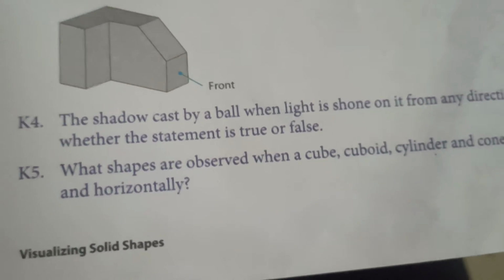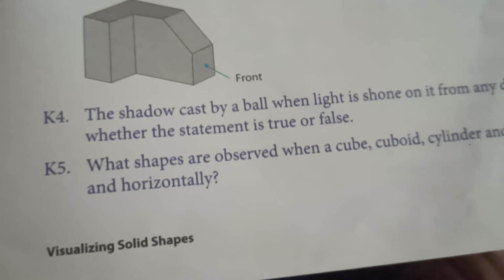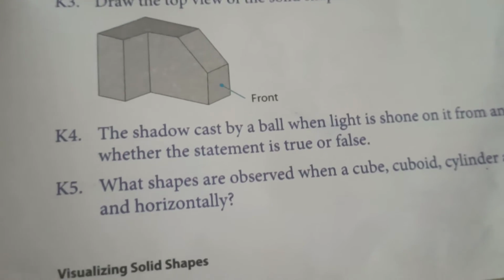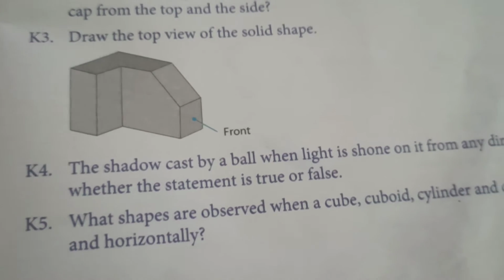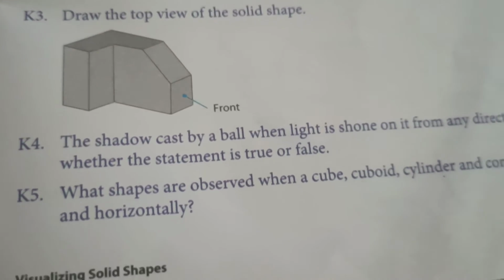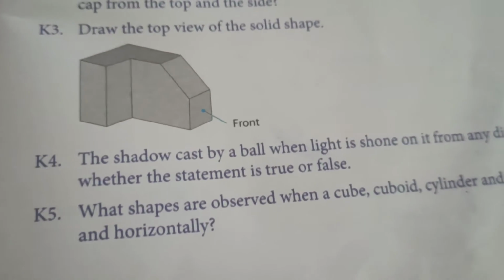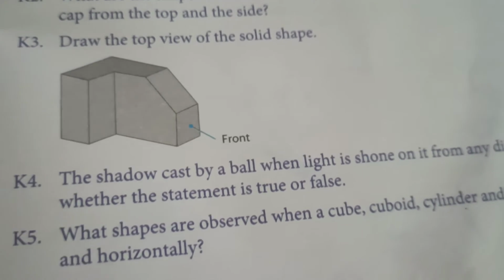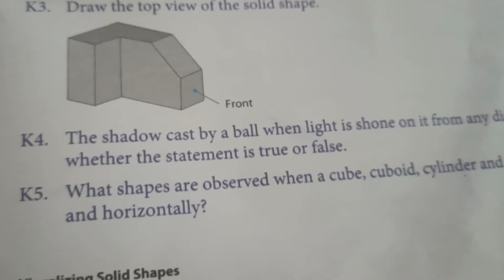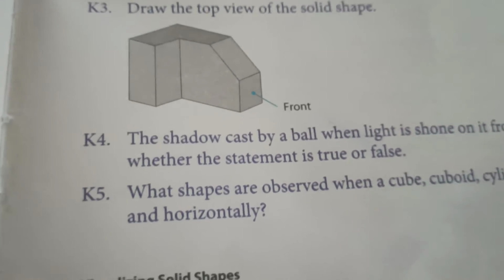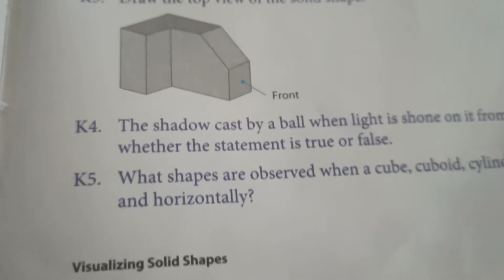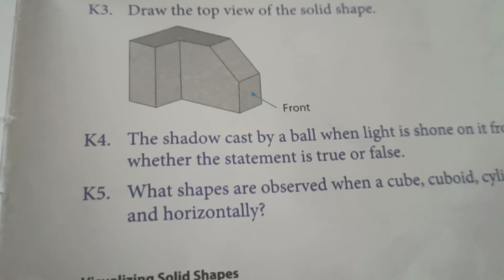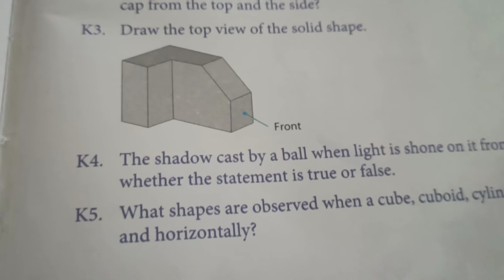And the same with the cuboid, you will get two rectangular faces. Now when you cut a cylinder, vertically you will get two rectangular face shapes, and for the horizontal you get two cylindrical shapes.